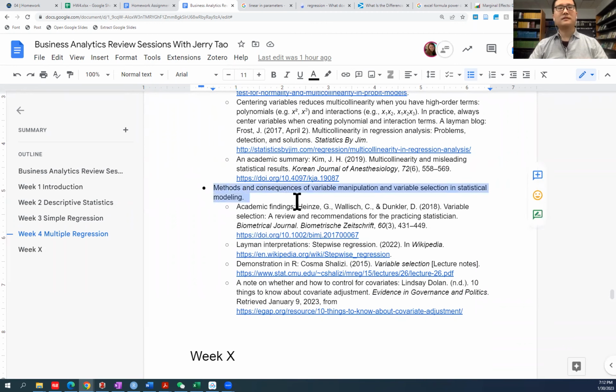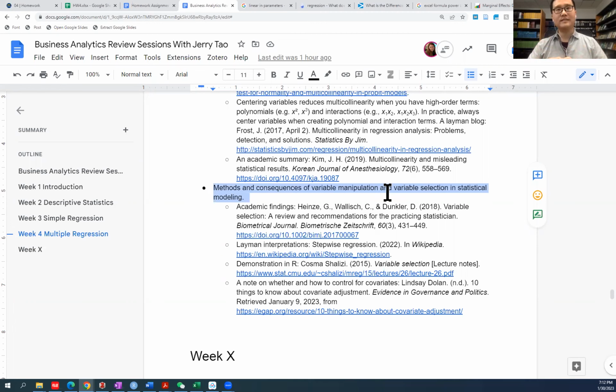So in this part, I provided reading materials about the methods and consequences of variable manipulation. Variable manipulation includes cases like where we need to take a polynomial like a square of a variable, or transform a variable from continuous to categorical.